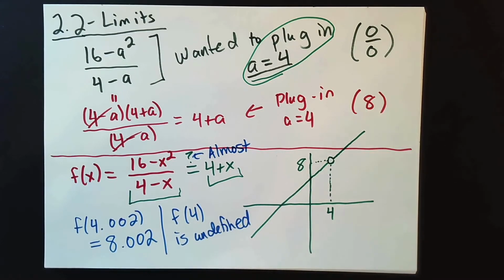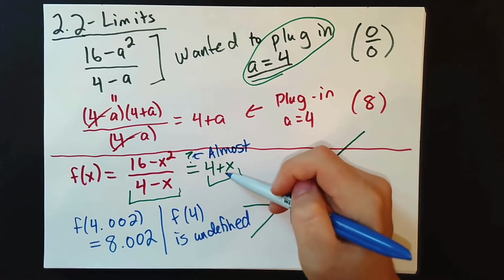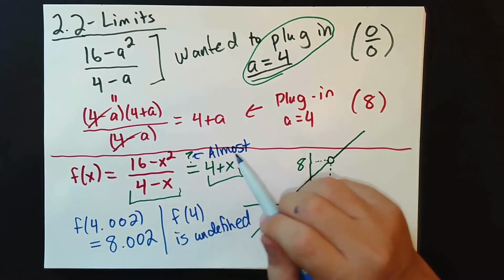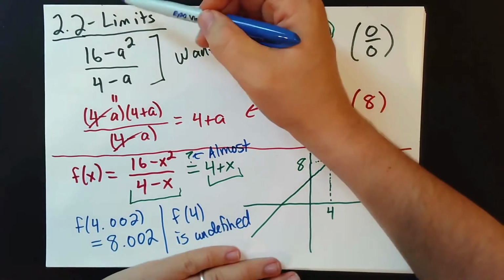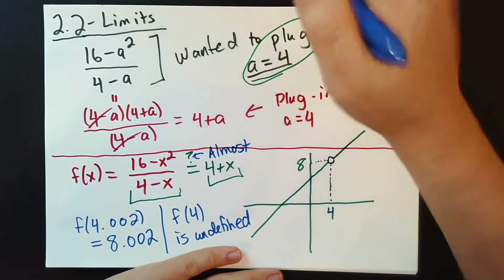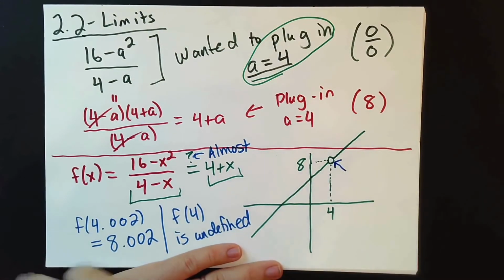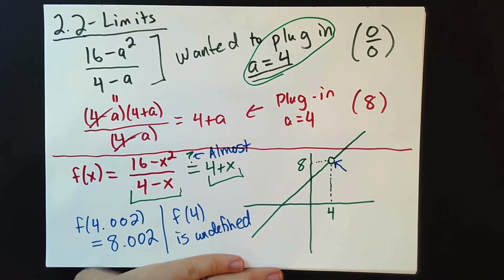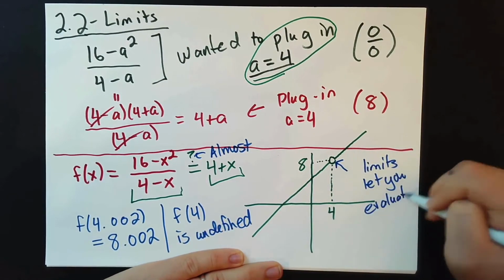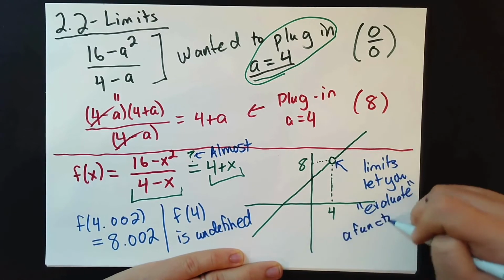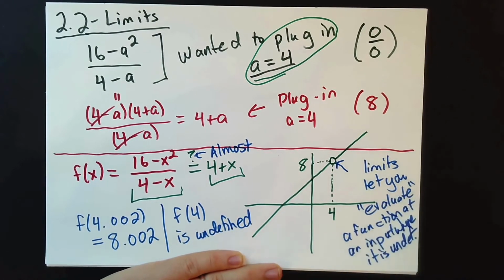Okay. So arguably what that means is the thing on the right is different because it's better. I can plug in 4 and not worry about it. The whole idea of limits exists for the purpose of dealing with this kind of hole. Okay. That is, the purpose of limits is to allow you to quote-unquote evaluate a function at a point where the function is undefined.